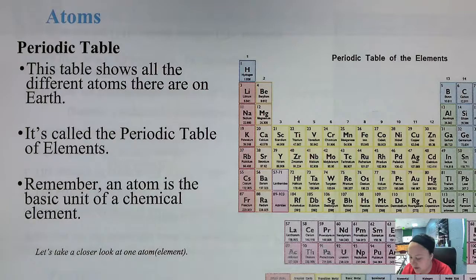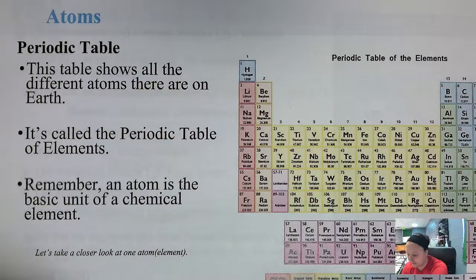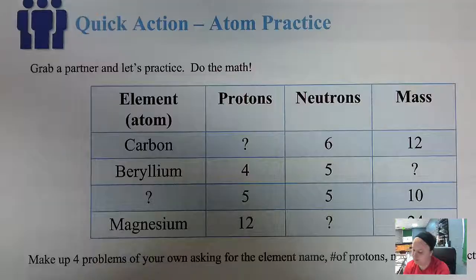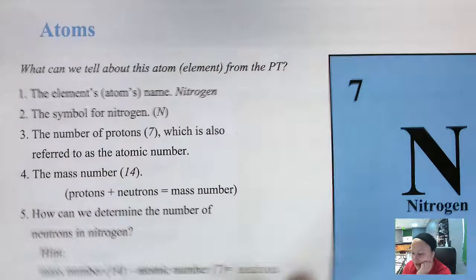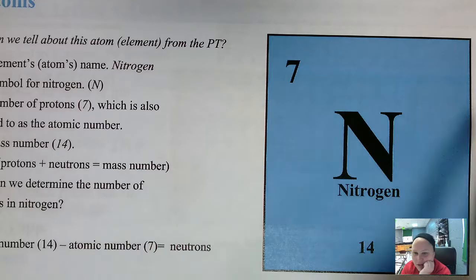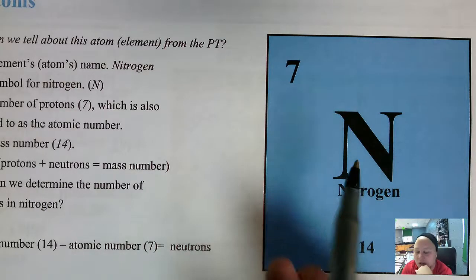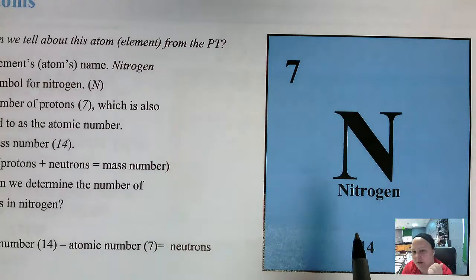Let's take a closer look at one atom or one element. What we're going to be looking at this week is the elements on the periodic table. We're going to be finding the atomic number, the atomic mass, the number of protons, the number of neutrons, and the number of electrons.